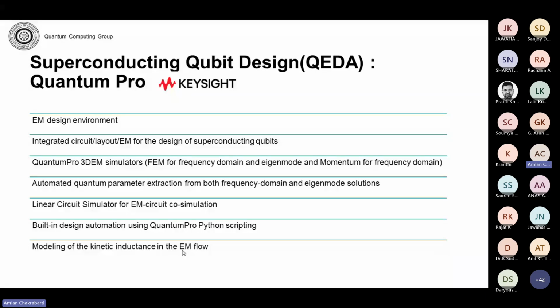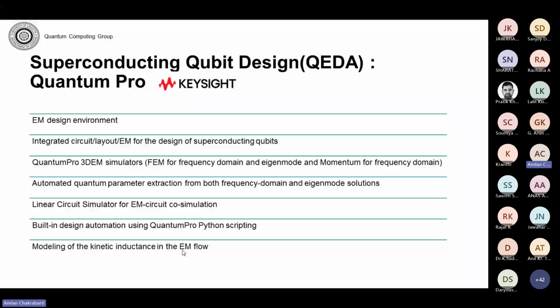And we need to calibrate the qubit system for the specific control operations, and for that we need to do all this frequency and eigenmode simulations. We also need to generate the circuit simulator, the transient analysis of these transmon circuits, so that we can know the different corners of the design.